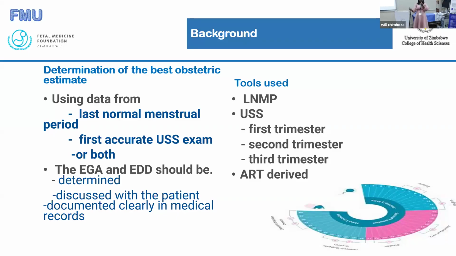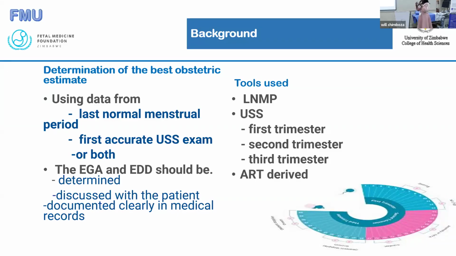If the dates are not correct, then we redate using the scan dates. If the dates are in keeping, then we keep on using the last normal menstrual period. Those dates are referred to as the best obstetric estimate. In first world countries, those dates are actually recorded on the birth certificate, sorry, on the birth record.